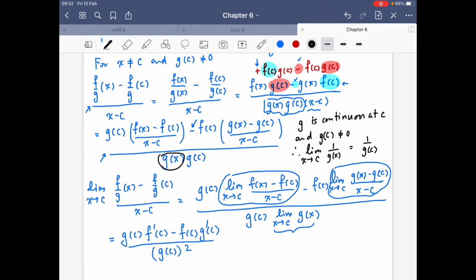So it means that on your left hand side, it is the definition of the derivative of the quotient of f and g at the point c. So the quotient is differentiable, and the value of the derivative equals the bottom times the derivative of the top, minus the top times the derivative of the bottom, over the bottom squared.